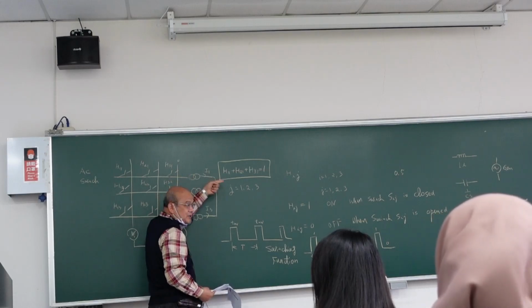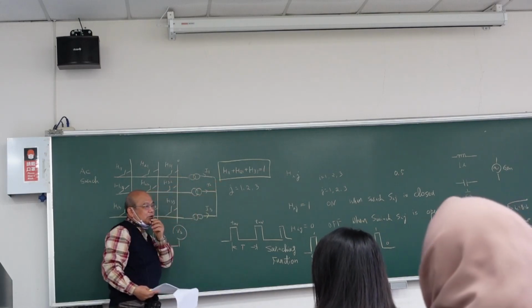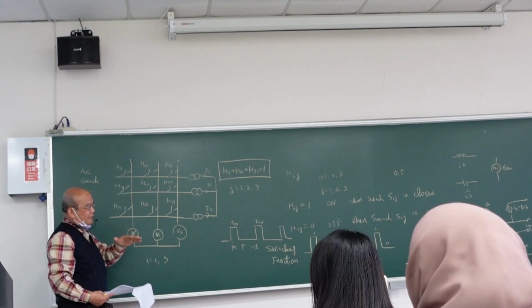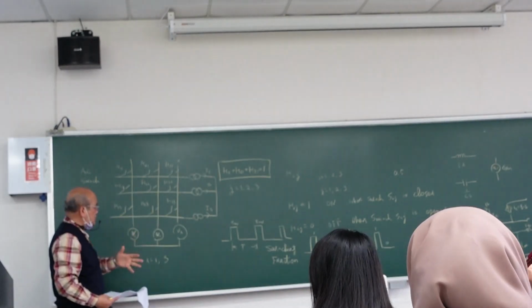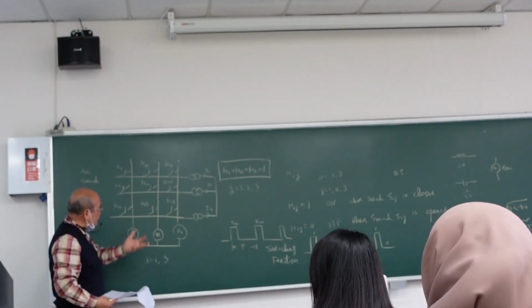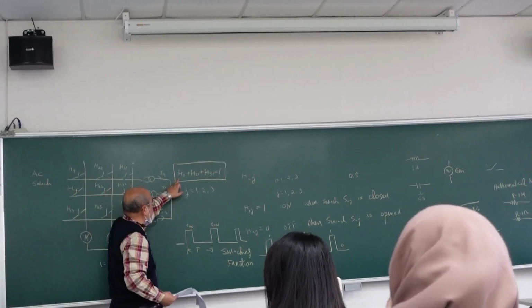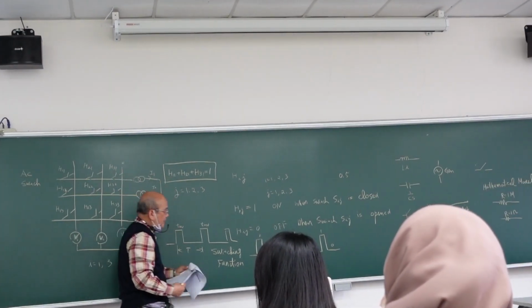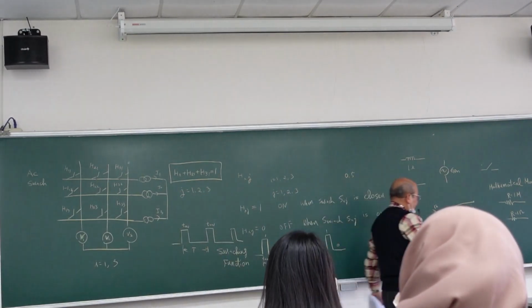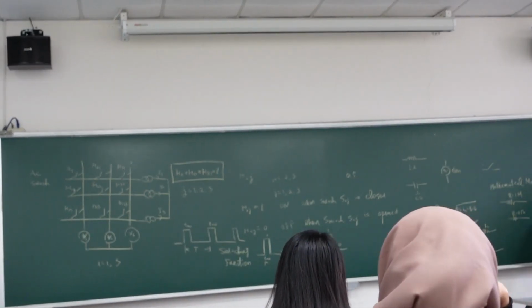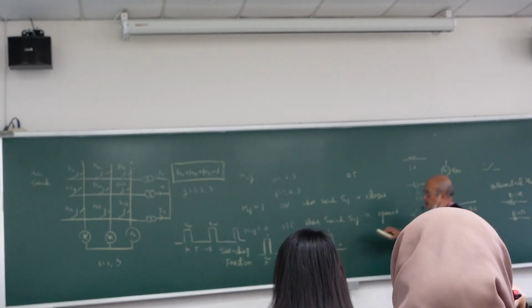Then this one is an open circuit. So according to our rule, if and only if 1 switch is turned on, how can you use math to describe it? You can write down this one. Then everybody understands.